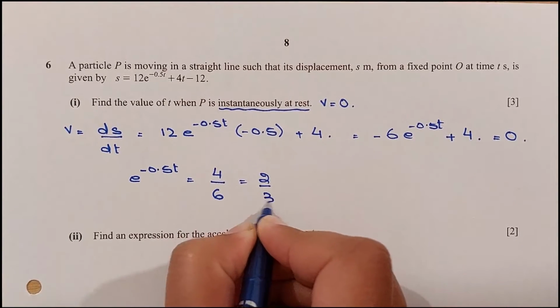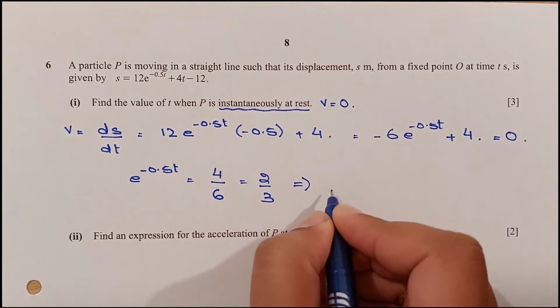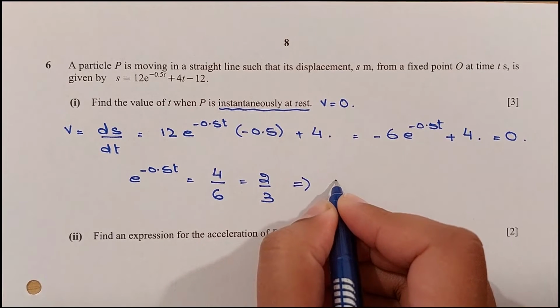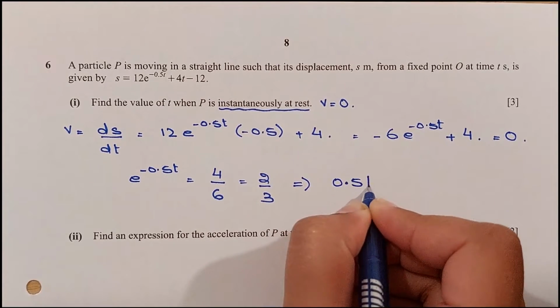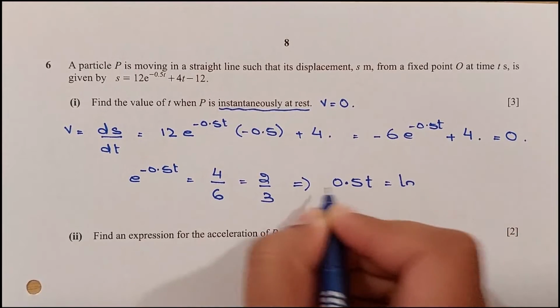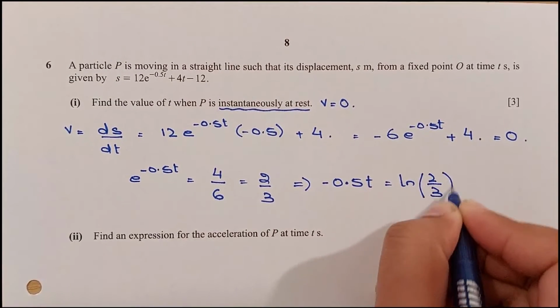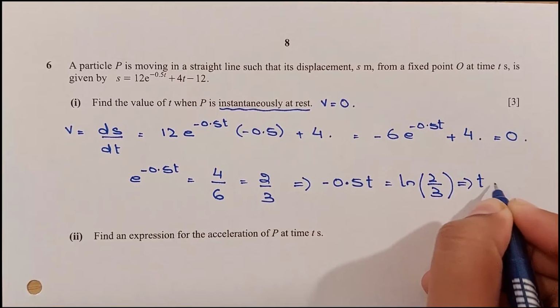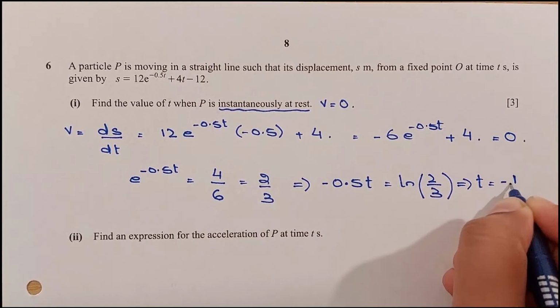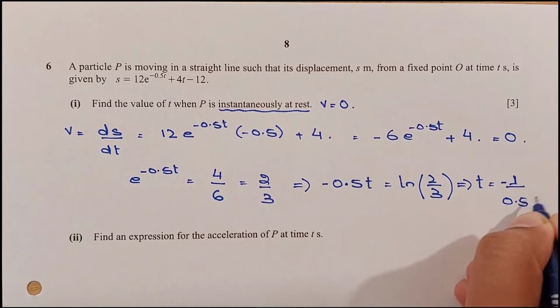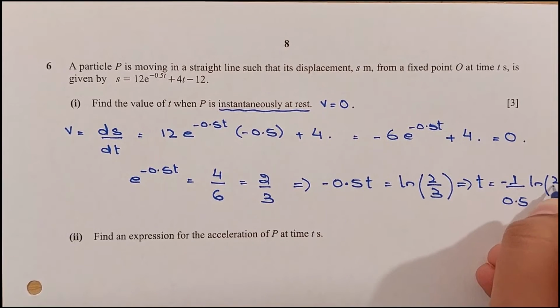2 by 3, right? And for further simplification, taking natural log on both sides, negative 0.5t is the natural log of 2 by 3. And from here the value of time is minus 1 over 0.5 ln of 2 by 3.